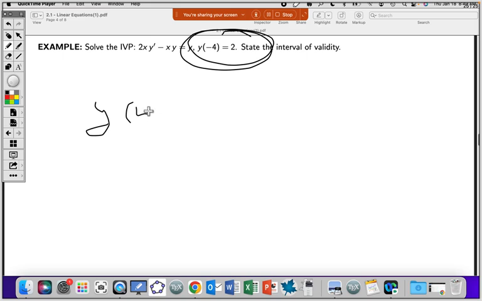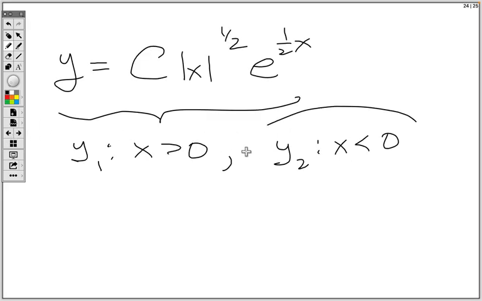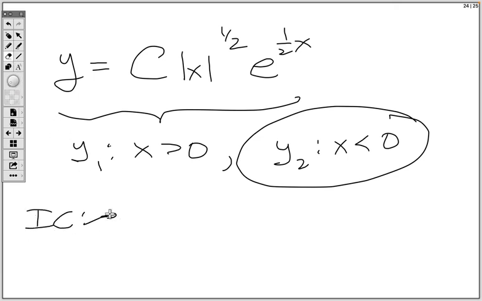So once again, y at -4 is 2, means that when x is -4, y should be what? 2. You follow? So this tells me which interval I'm on. The initial condition says, okay, I'm looking at this piece. Because of the initial condition, y at -4 is 2.